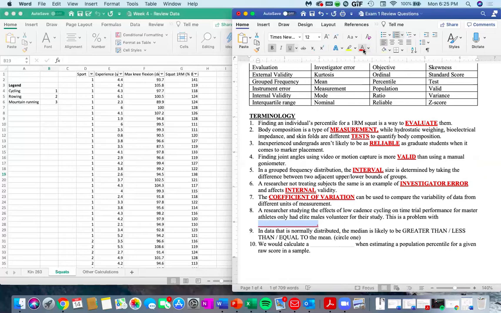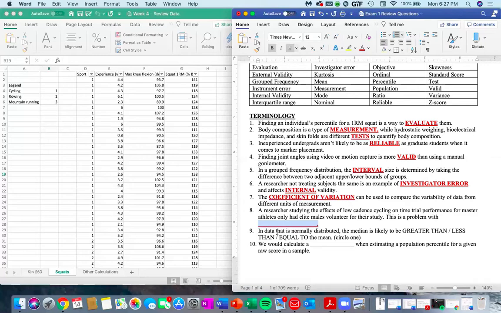Not necessarily, no. But you can use that concept to think of what's wrong with the sample and how is that affecting something with regards to the study. Carolina, not quite. So if our target population is master athletes, studying low cadence cycling on time trial performance, but we only collect elite males. Validity. Huh? Validity only.